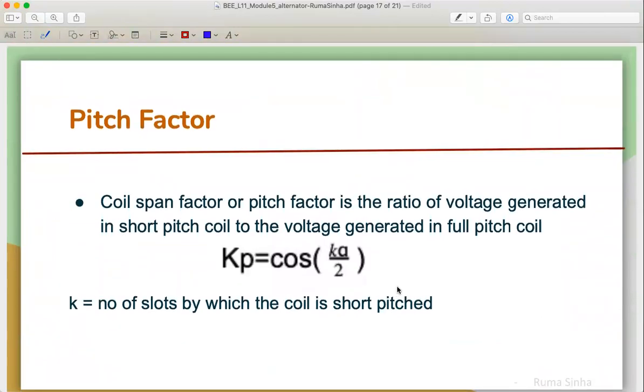Now the term comes, if it is short pitch, the induced EMF will be slightly reduced. So coil span factor or pitch factor is the ratio of the voltage generated in a short pitch coil to the voltage generated in a full pitch coil. If the coil is full pitch, the generated voltage will be higher.